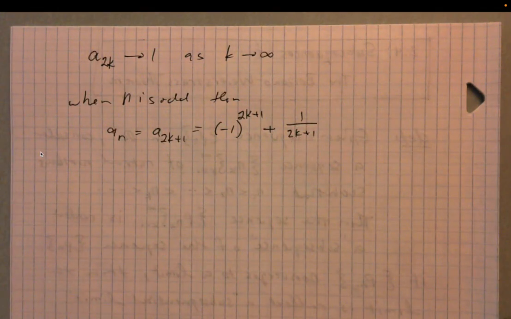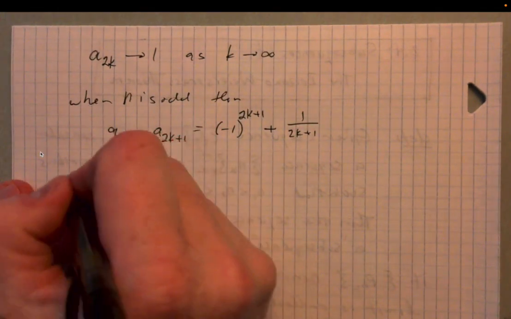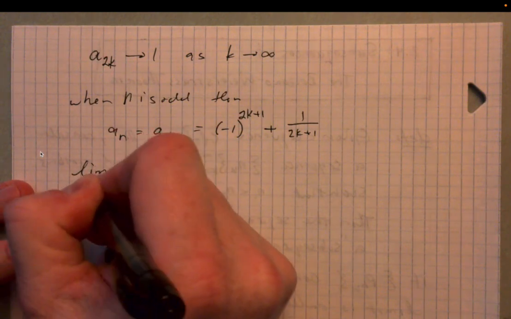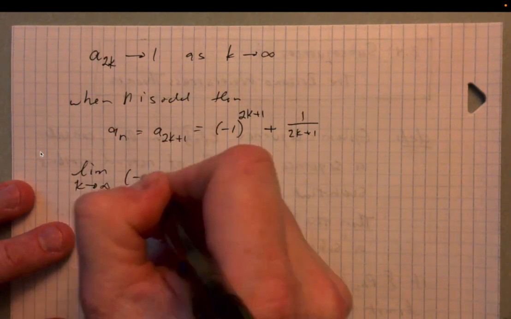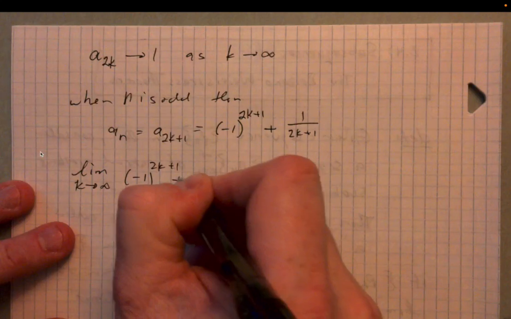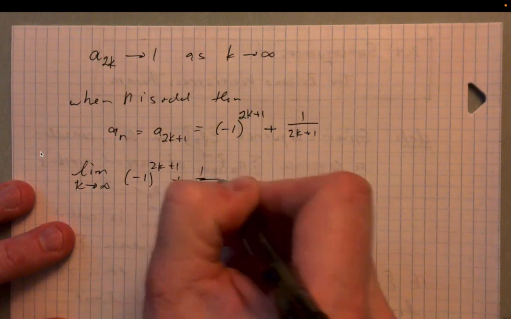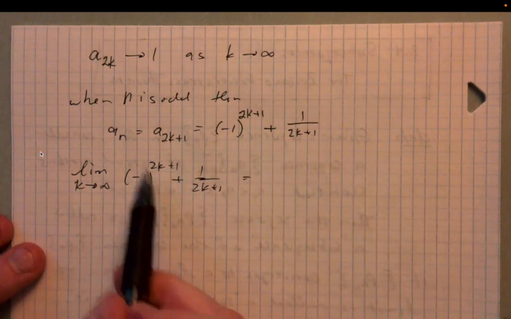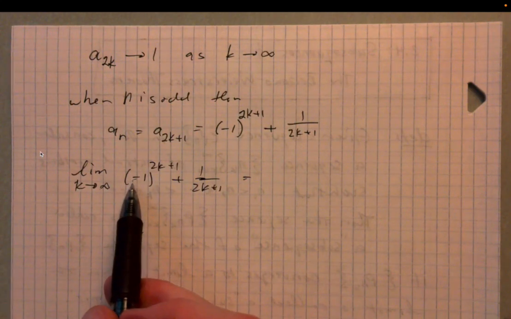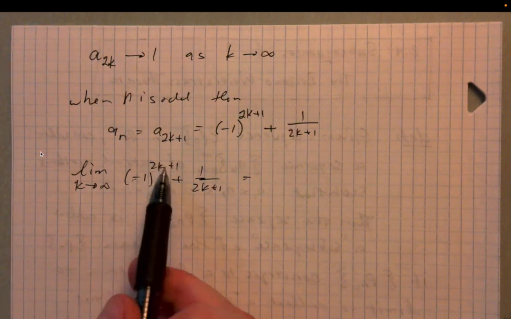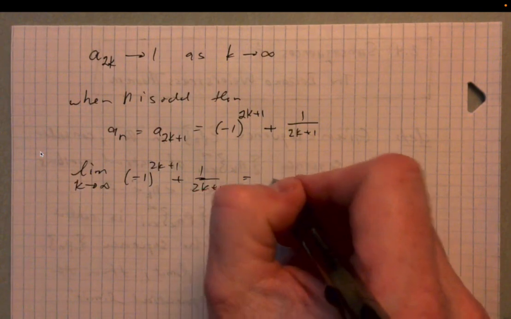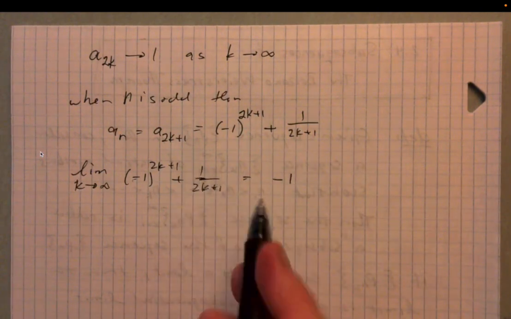Now what happens to this limit? Well, again, here, this is basically a constant. It's always going to be equal to negative 1. Negative 1 raised to an odd power is negative 1. So you get negative 1, and then similarly, this is going to go to 0.